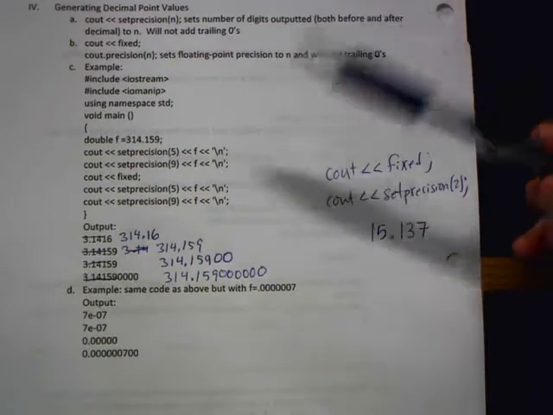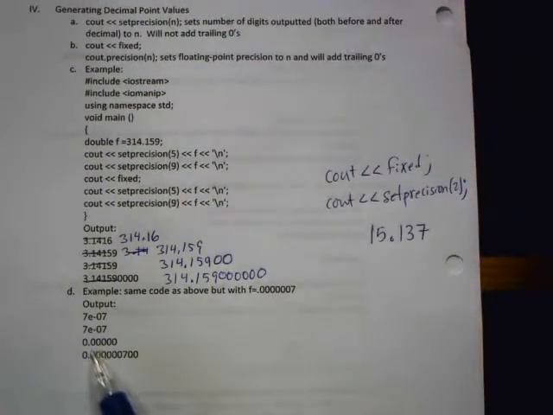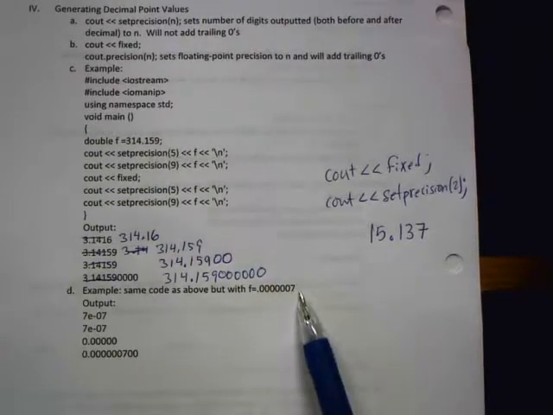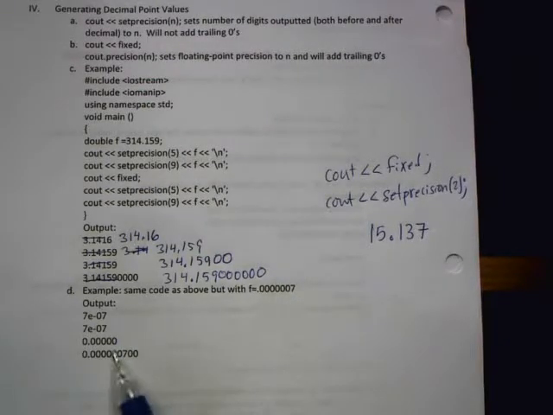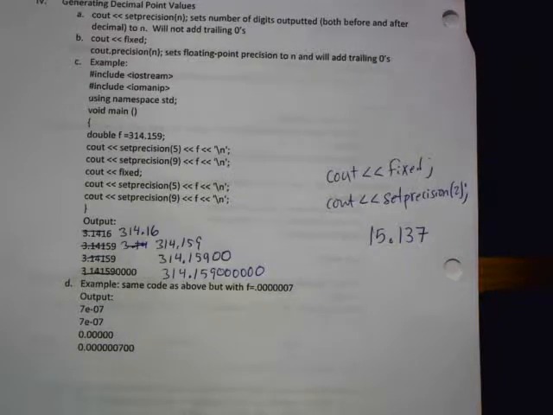On the other hand, if you tell it fixed, then it does the first 5, 1, 2, 3, 4, 5, and it rounds off. So it rounds it off to what looks like the number 0 because that 7 came too much later. Conversely, if you tell it give me 9, it gives you a couple extra zeros because of how many digits you told it you wanted.